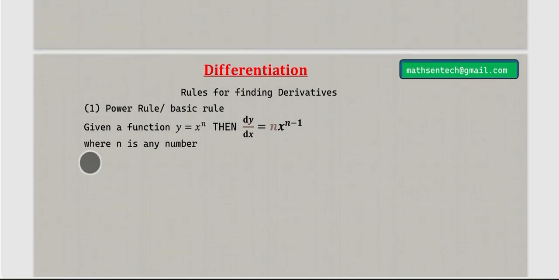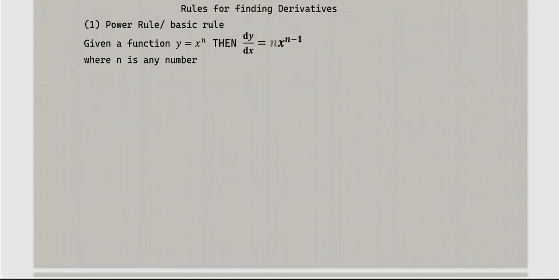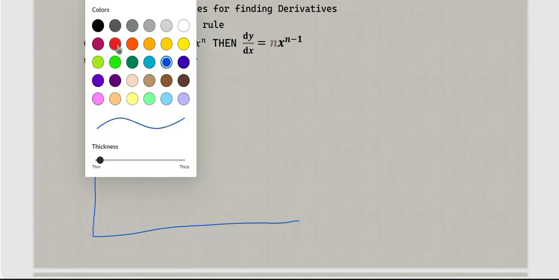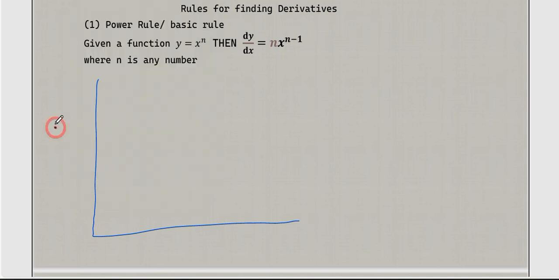For example, assume you have a straight line. This is a graph first, like this, and in this graph, I want to have a straight line. So let's assume this is a straight line.